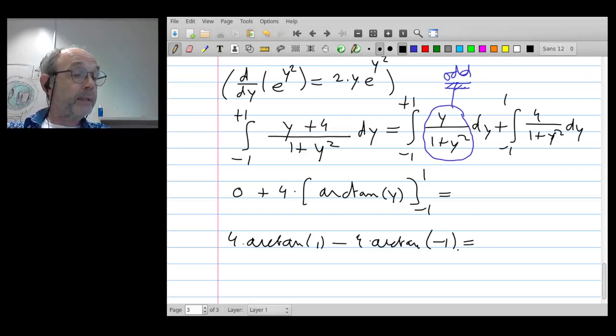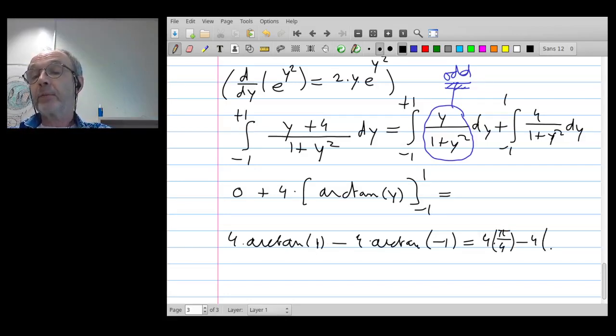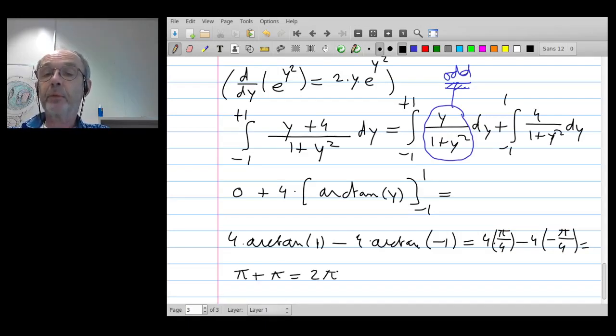Now, what do we get out of it? The arctangent of 1, we know that is pi divided by 4. And the arctangent of -1 is minus pi divided by 4. And so you see that you get pi plus pi, and that gives you 2 pi out of this integral.